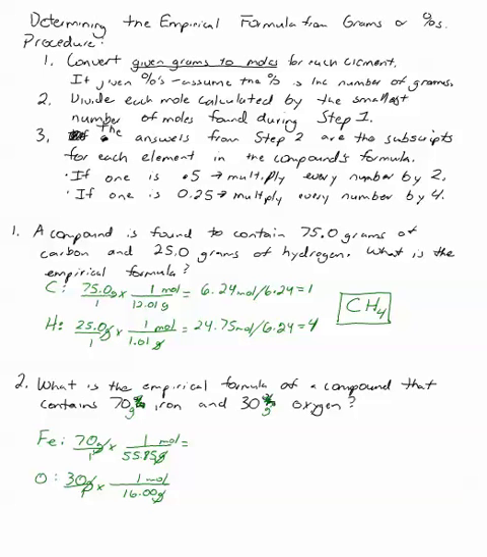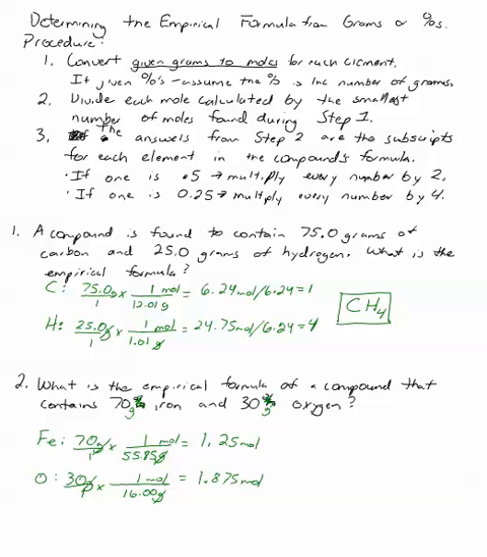If I take my 70 divided by 55.85, we get 1.25 moles. 30 divided by the 16 for the oxygen gives us 1.875 moles.